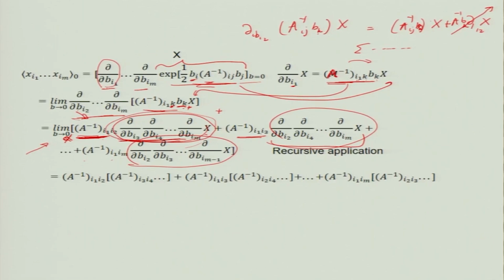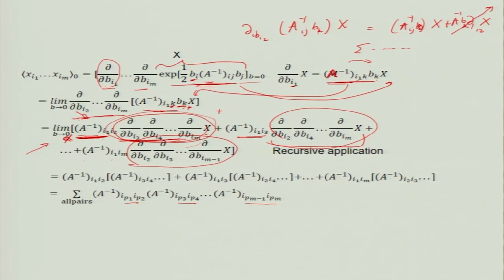So this is a recursive proof that if you do all these derivatives, then I will get all possible products of 2-point correlations, and it is written as a sum over all pairs of A inverse I P1 P2, P3 P4, up to Pm minus 1 Pm.